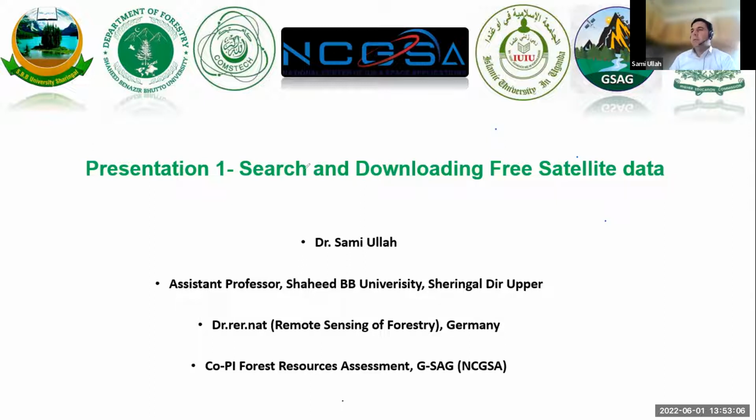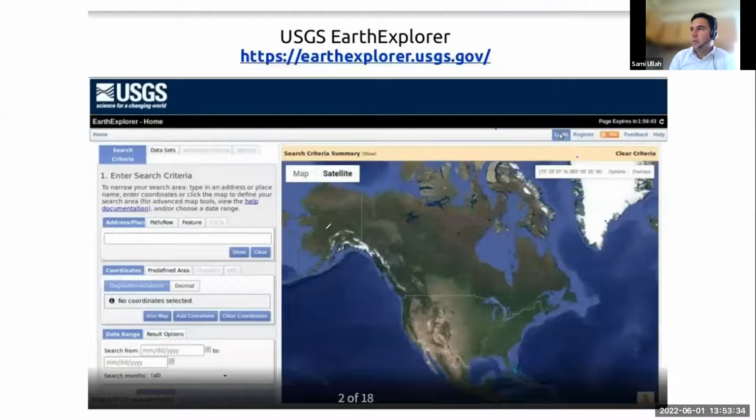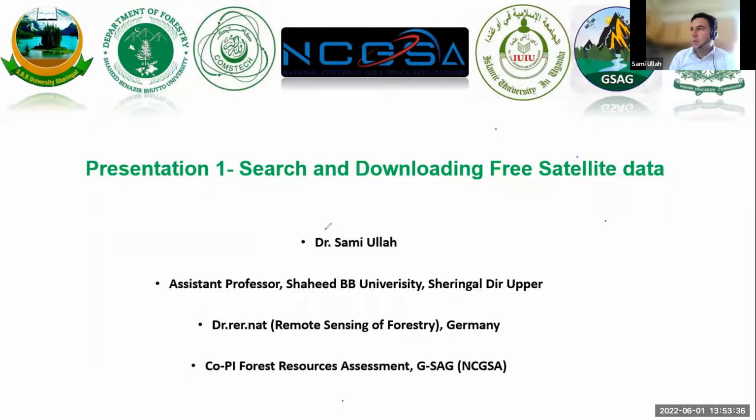Okay, so the next is search and download free satellite data. Before, in the 80s or 90s, the Landsat satellites were freely available, and they take images continuously around the globe.